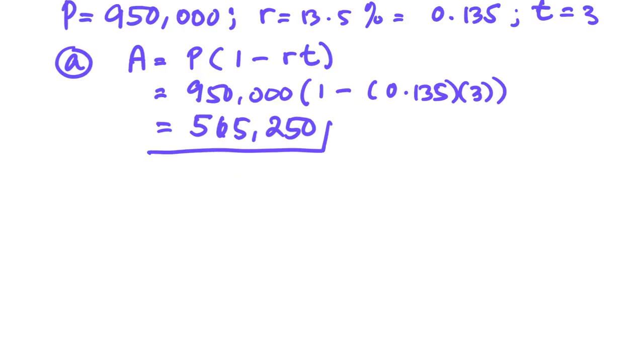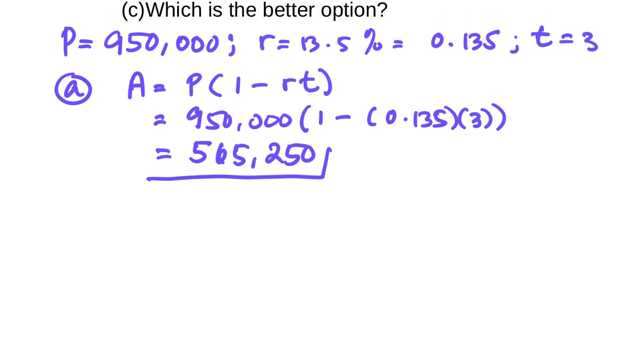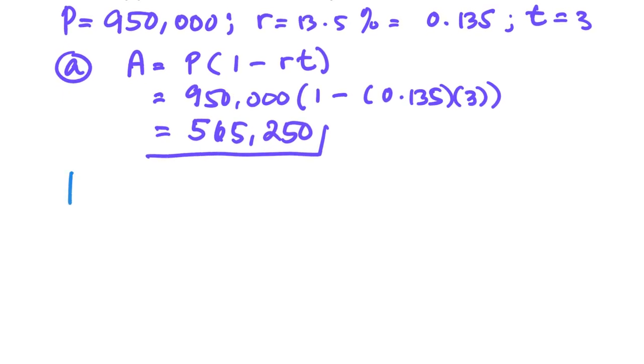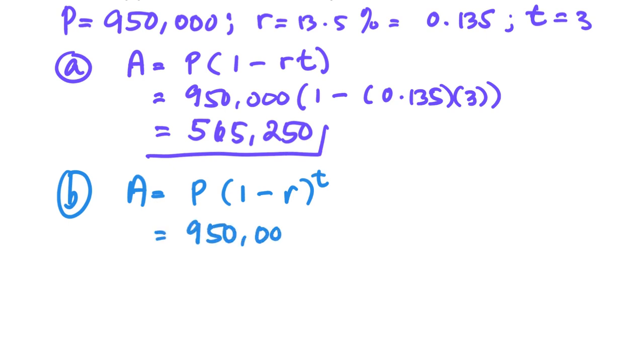Now let's look at the reducing balance basis, letter B. A is equal to P(1 minus R) raised to T. So this is going to be 950,000 multiplied by (1 minus 0.135) raised to 3.